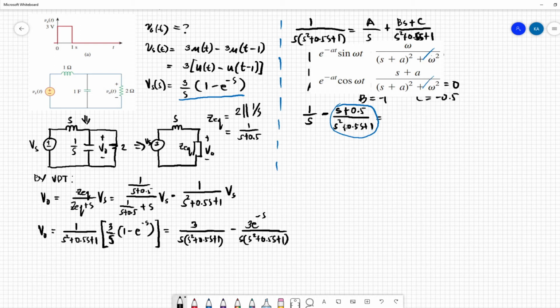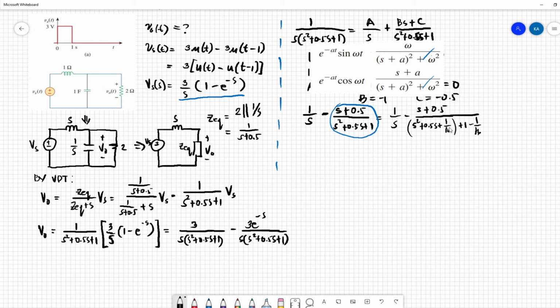So what we need to do is complete the square of this denominator. So this becomes 1 over s minus s plus 0.5 over, by completing the square, s squared plus 0.5s plus 1 over 16, plus 1 minus 1 over 16.